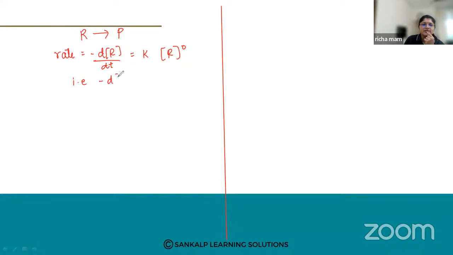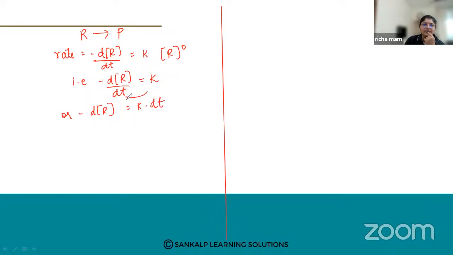So minus dR by dt equals k, because R raised to 0 will be 1. Now this is the equation. What we will do: minus dR is equal to k dt.